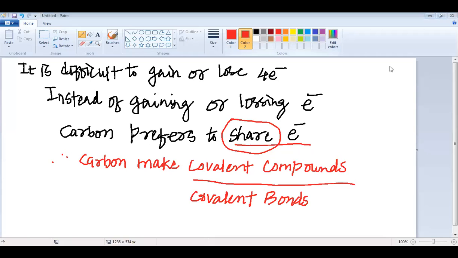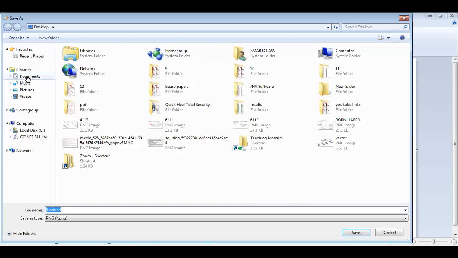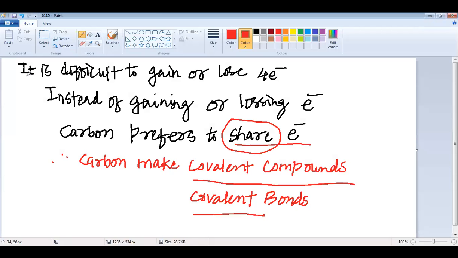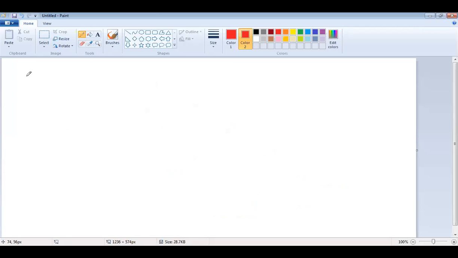By sharing the electrons, carbon makes either covalent bonds or covalent compounds. So all the compounds of carbon are mostly covalent compounds, or they have covalent bonds.